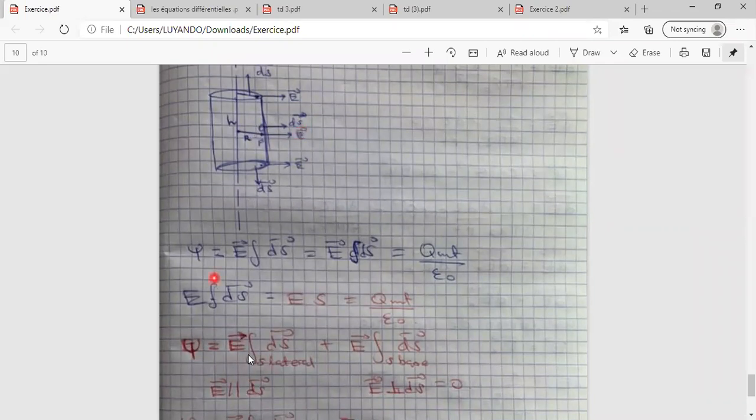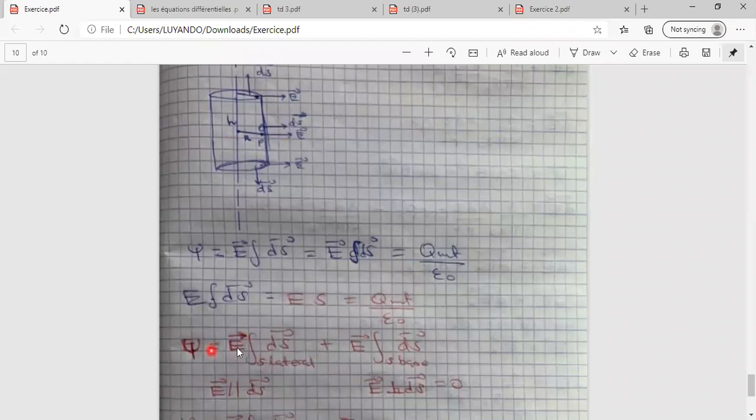So we're going to have E dS over S lateral, that's on the sides, and S bases, that's on the bases. On the bases, we've got E meeting dS at a 90 degree angle, and the product is equal to 0. And on the surface of that cylinder, we've got E and dS moving in the same direction, which is what we have indicated here.